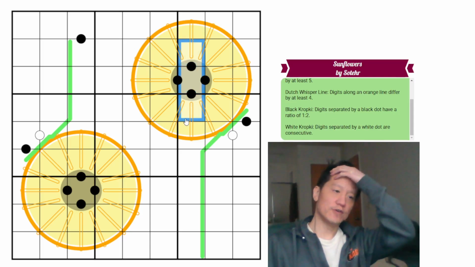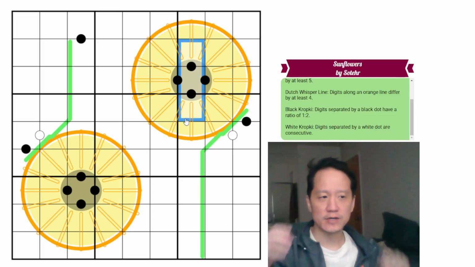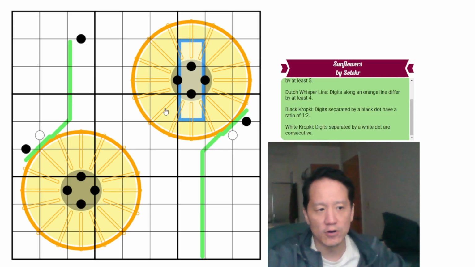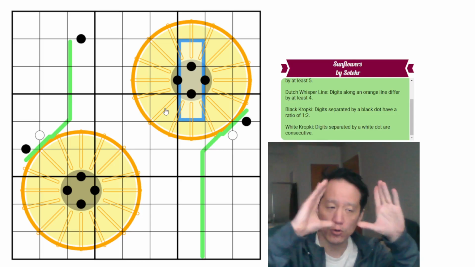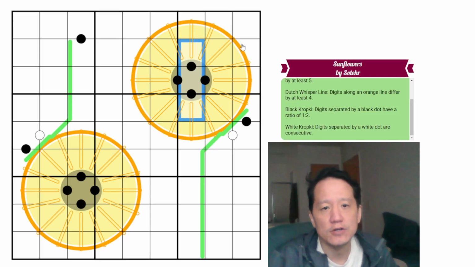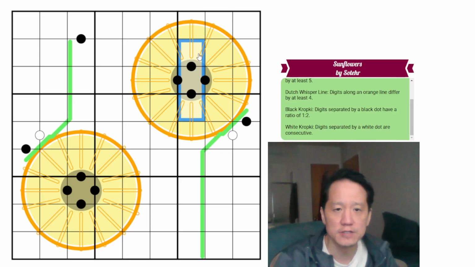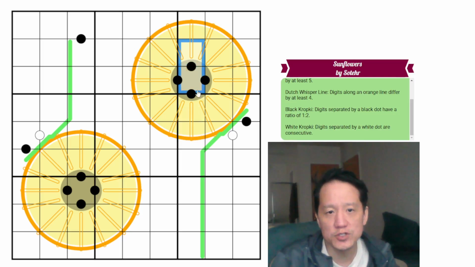Anytime you have 3 cells that are separated by 2 black Kropke dots, and they're all in the same row, column, or box, you know that it has to be a combination of either 1, 2, 4 or 2, 4, 8. So let's start with that.